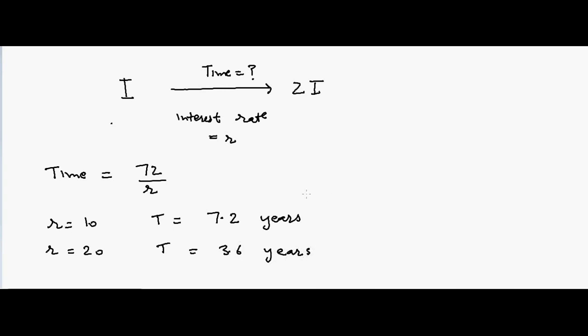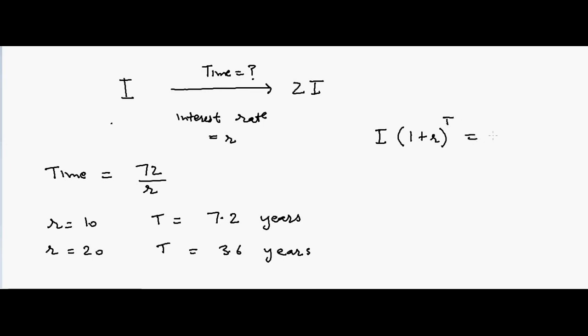So how does this rule work? Let's try to solve this problem in a regular way. Suppose we have investment I, and we have interest rate 1 plus r, and we invested it for t years.